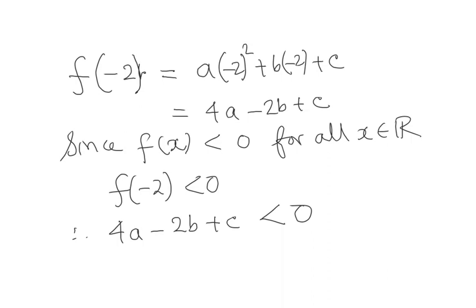This concludes the solution to the problem. We can conclude that for all choices of a, b, c satisfying the condition that a is not equal to 0 and a + c is less than b, we would always have 4a − 2b + c to be negative. Thank you for listening.